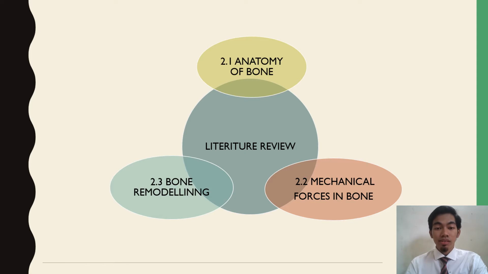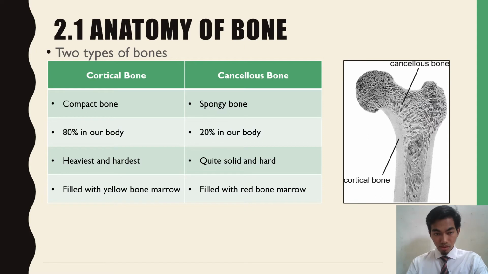Some of the subchapters from my literature review are the anatomy of bone, the mechanical forces, and the bone remodeling. So for the anatomy of bone, basically there are 2 types of bone, which are cortical bone and cancellous bone.